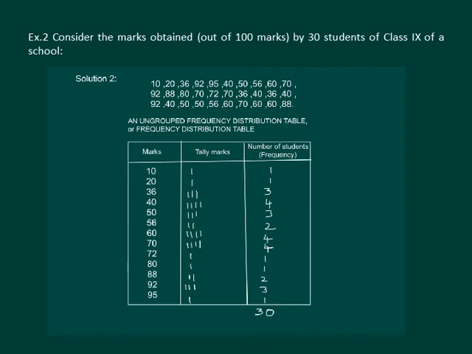Note here, we had 30 entries, all of which could be fitted into a column. But suppose if we had 100 entries, then we would make a different type of frequency distribution table, which we should do in our next example.